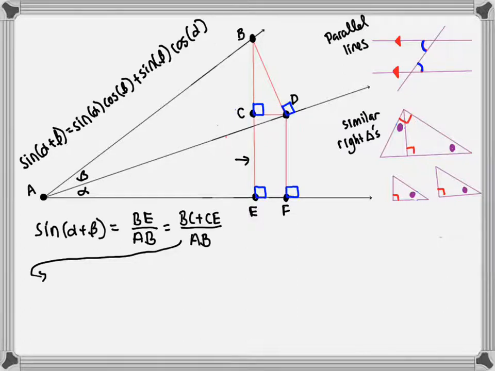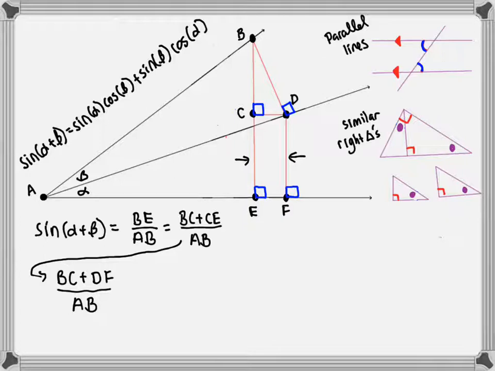That means I'm going to take CE and replace it with DF. So that's going to give me BC plus DF all over AB. And again, I am replacing this with this because they are of equal length.